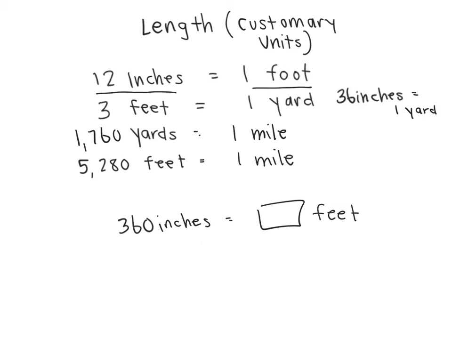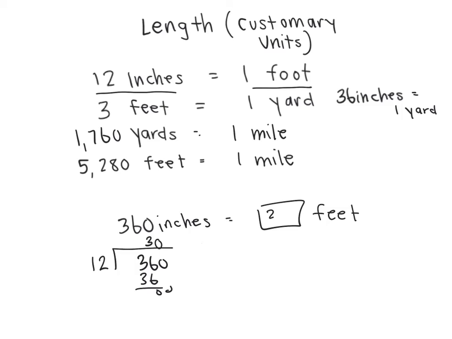So I have to decide how many inches are in a foot, which is 12. I'm going to divide by 12. So 12 goes into 36 3 times. And then 12 goes into 0 times. So how many feet are in 360 inches?